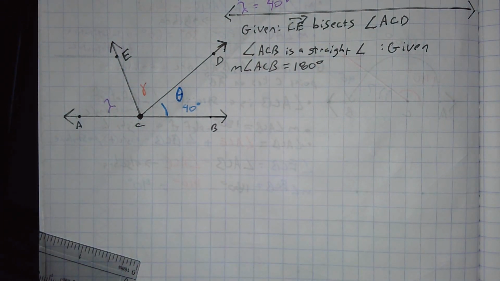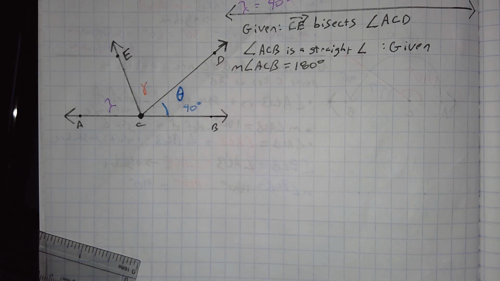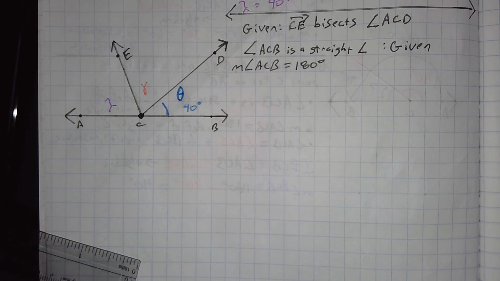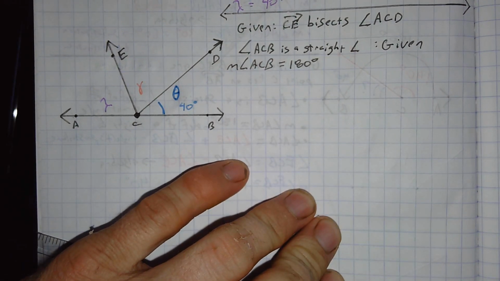Okay, so I name those things Greek letters because it's easier to write all that stuff down instead of writing down the three letter nomenclature for those angles. It just helps keep your brain from scrambling as much.